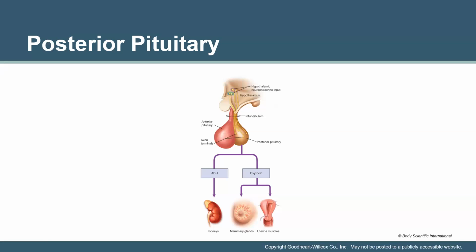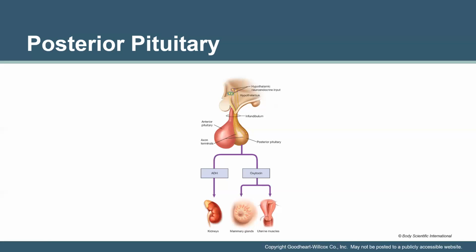I mentioned that ADH was the anti-diuretic hormone. If you take a diuretic, it will help you urinate. Anti-diuretic will regulate diuresis. ADH will travel in the blood to reach its target organs, including the kidneys, but also sweat and eccrine glands.